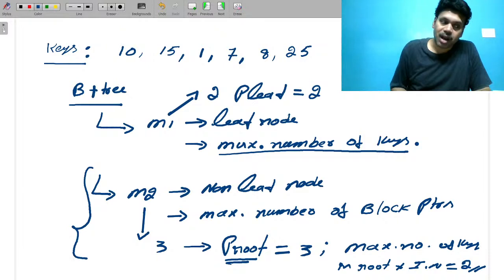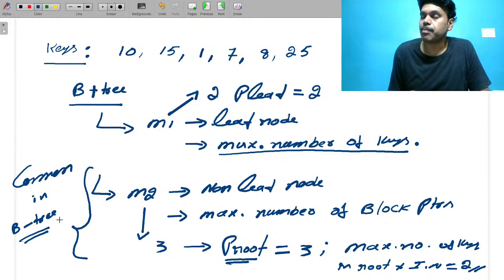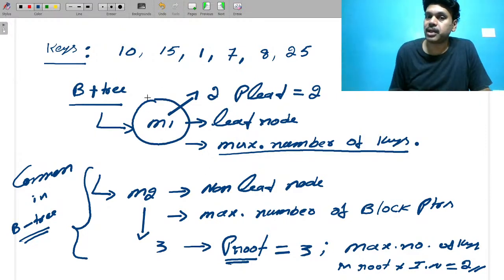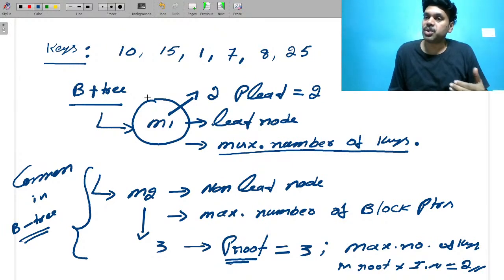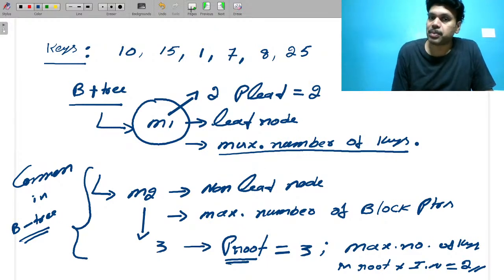This rule is common in B tree also: m block pointers, m minus 1 keys. But the leaf rule is not there in B tree. It's exclusive. When I say m for a leaf node, it means that many keys you can store. So now let us construct with P leaf 2 and P root 3.